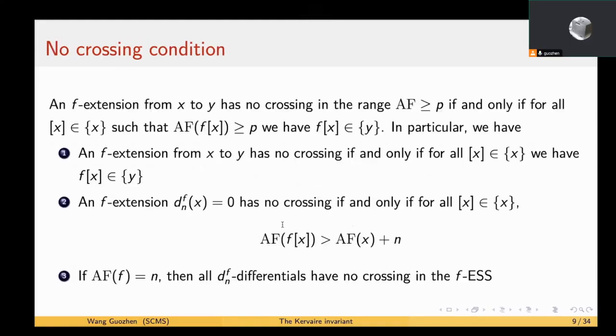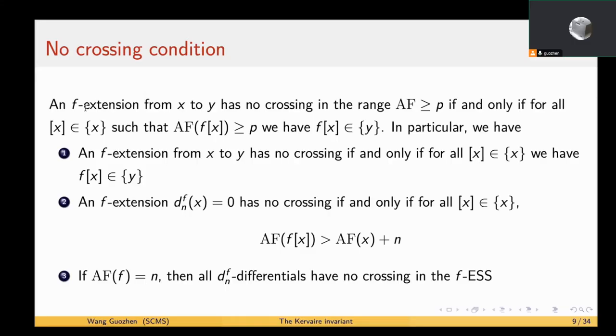So why is the notion of the no crossing condition very important? It lies in the fact that with the no crossing condition, we can say that anything represented by x has the expected extensions.